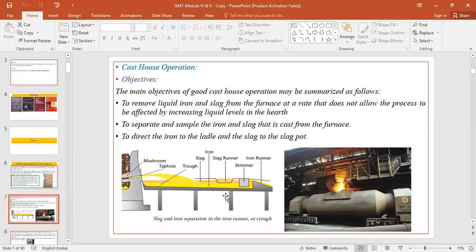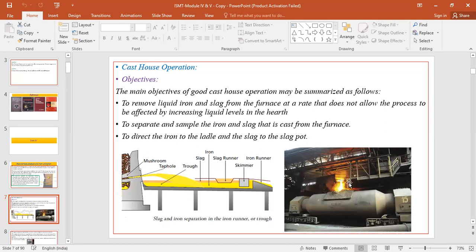Here there is also a slag runner, which deviates the slag, and that will collect into the slag pot. And the hot metal, which is traveling in the forward direction, will collect either in the torpedo ladles. This is a torpedo ladle. Or if it is a mini blast furnace, then they use small transfer ladles to collect this hot metal.